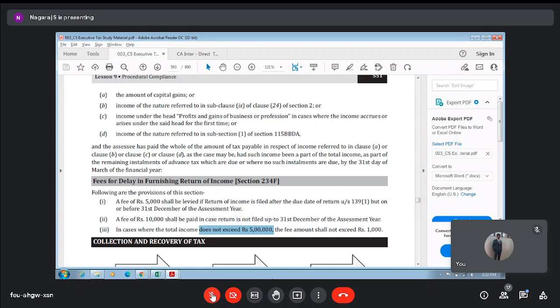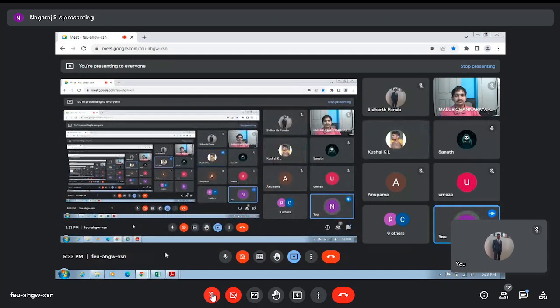What is the tax liability if the total income is 4,90,000 in case of an individual? Total income is 4,90,000. What is the tax liability Vani has to pay?